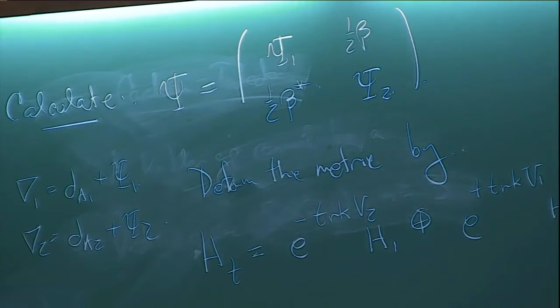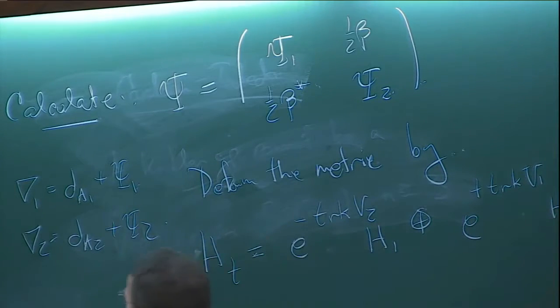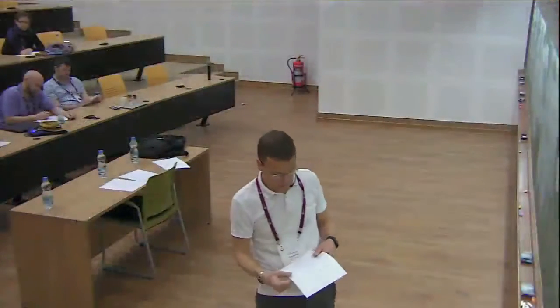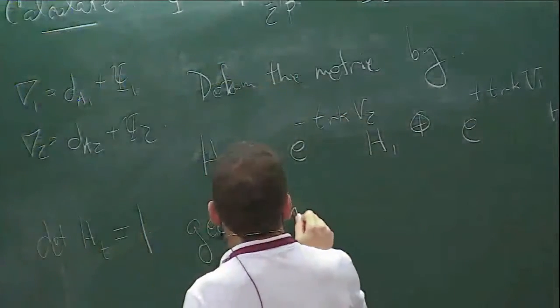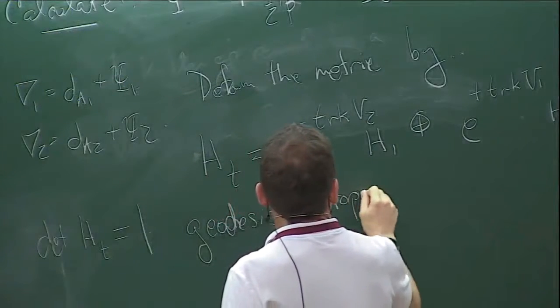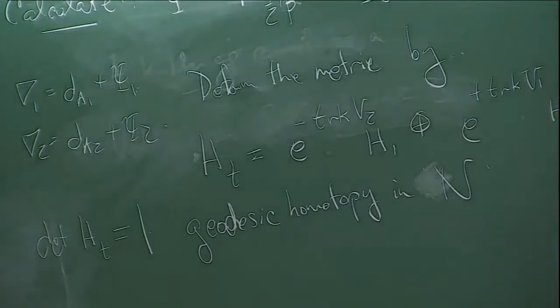I do this in such a way that the determinant of this metric is still 1. And this is a geodesic homotopy in the space of metrics. By just scaling this in this way, this is a geodesic with respect to the invariant metric on N.